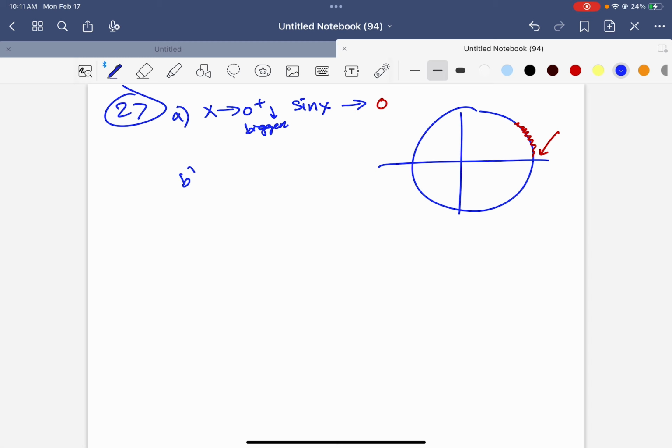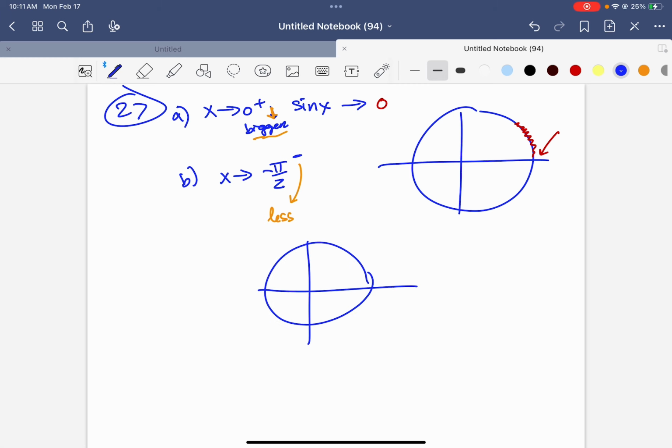We also know that as x goes towards negative pi over 2 from the left, what does sine want to do? And again, from the left means less than. So if I draw my picture, anytime you can, you should be drawing a picture.